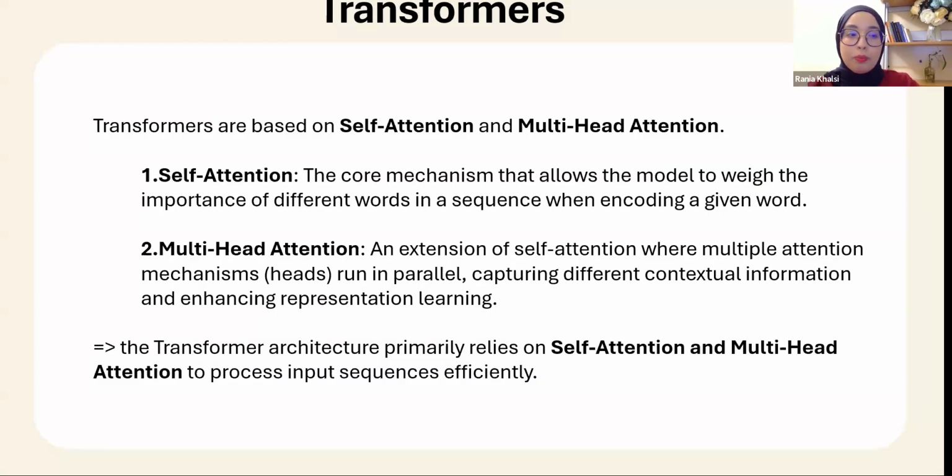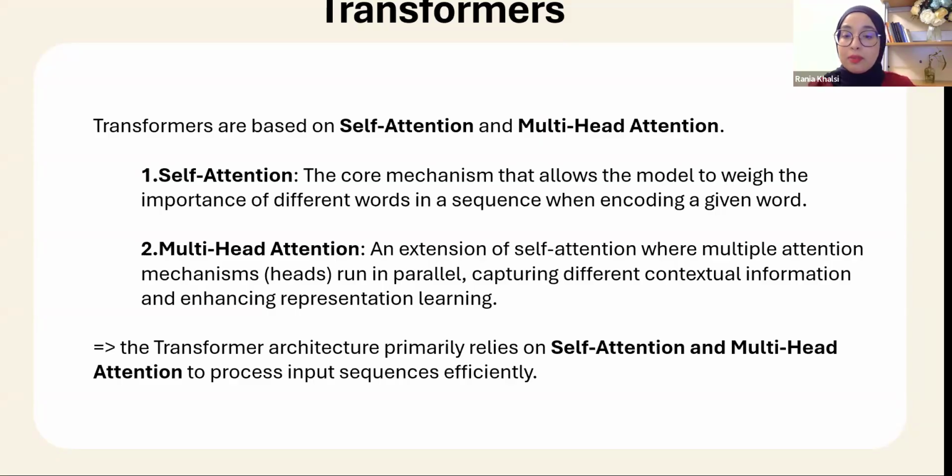So mainly this is a summary of what we did last time, in the previous video. Like I mentioned, when it comes to transformers, the entire architecture is built around the idea of attention, and in particular self-attention and multi-head attention.